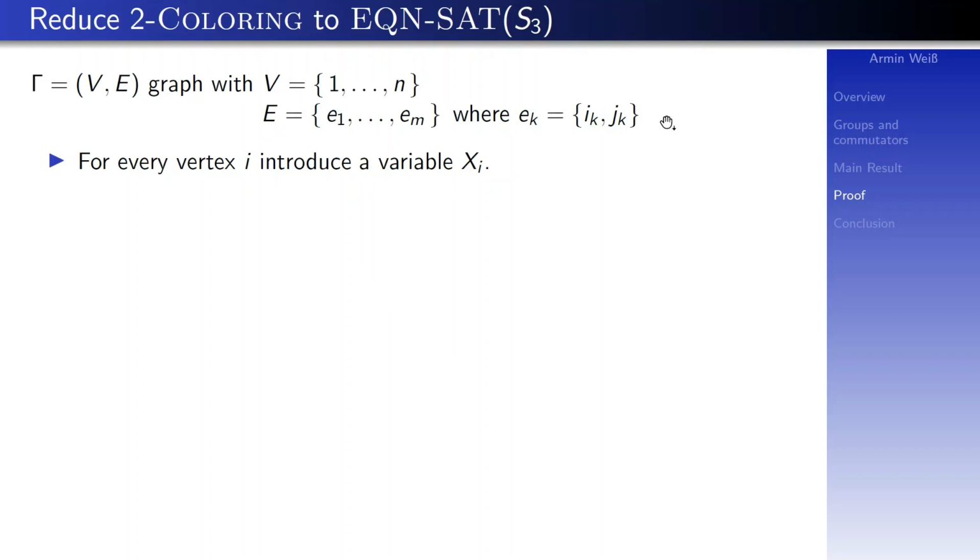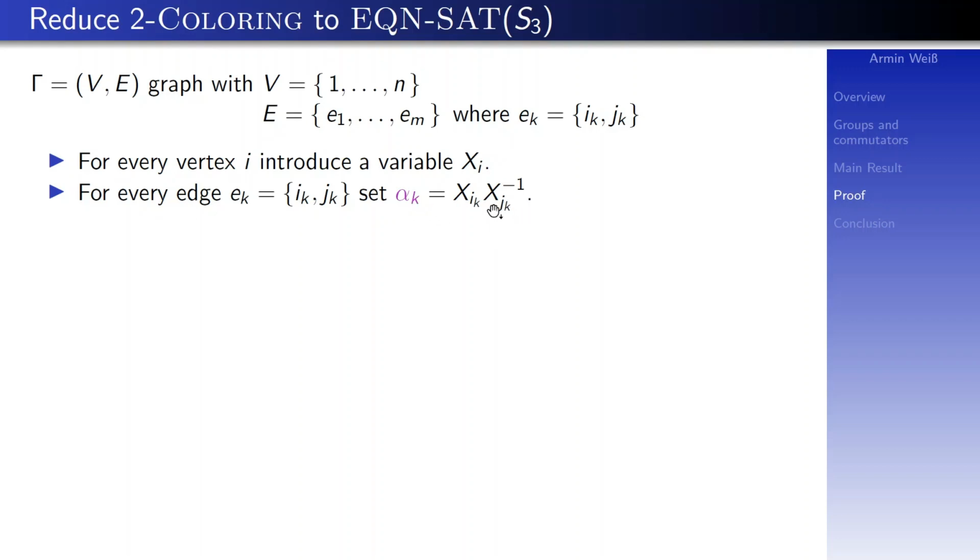And now we want to reduce the coloring. So it makes sense to introduce a variable for each vertex. This variable should represent the color. So for each vertex, we introduce a variable x_i. And now for each edge i, j, we set alpha_k equal to x_i x_j inverse. So if the two endpoints of the edge have the same evaluation, this alpha_k will be 1.